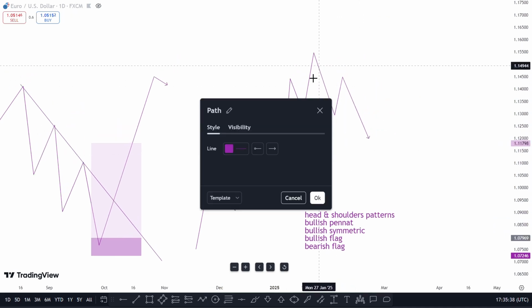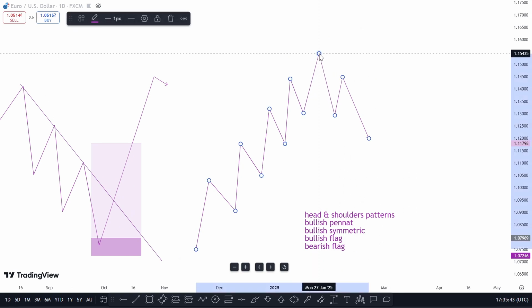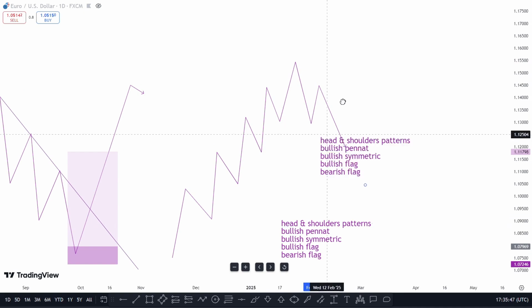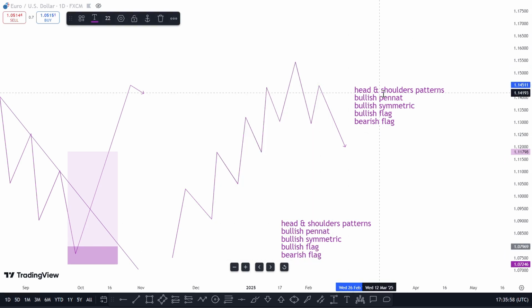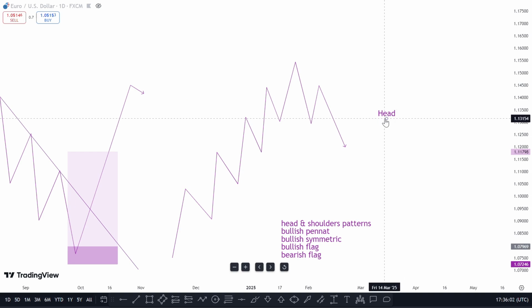Now in this market structure, you can see that this market is about to change direction, because what we have here is a head and shoulders. Let me label it. We have the head, which is right here.